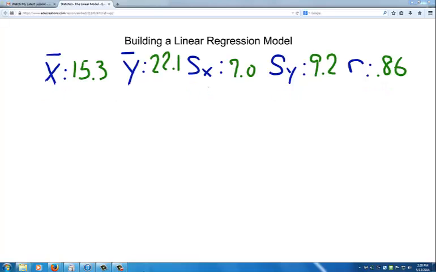Let's do an example. Suppose we have a mean for x of 15.3, a mean for y of 22.1, a standard deviation for x of 7.0, a standard deviation for y of 9.2, and a correlation of 0.86.